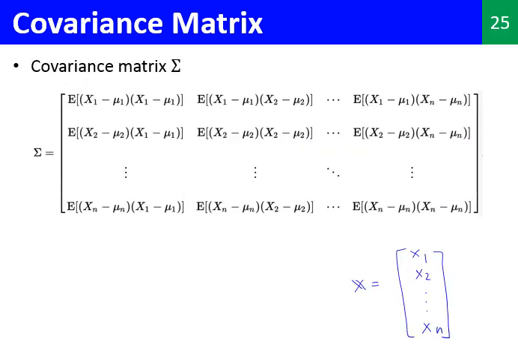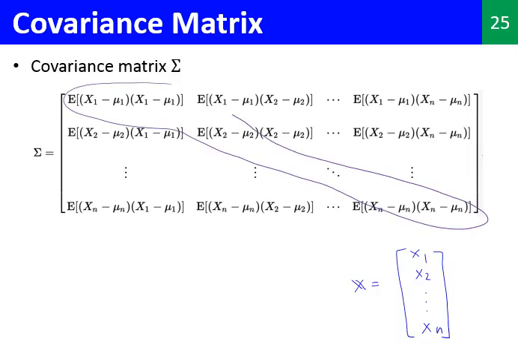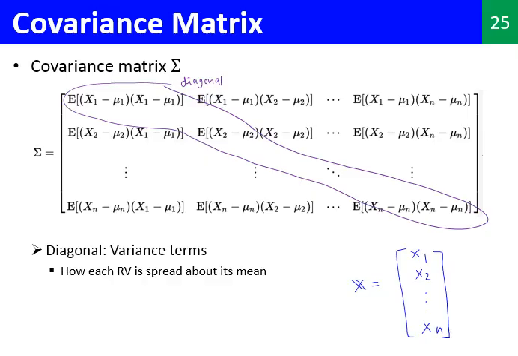So in this covariance matrix generated for a state random vector x, first let's look at the diagonal. So I'm considering the diagonal terms. So what do we have in the diagonal? If we carefully look at the diagonal terms in this matrix, you will realize those are the variance terms.